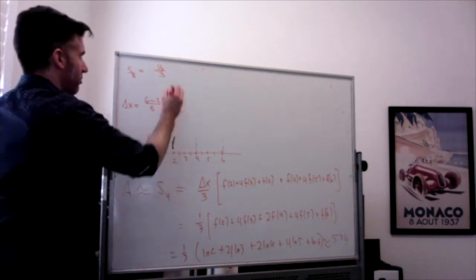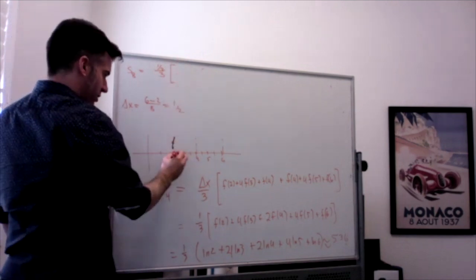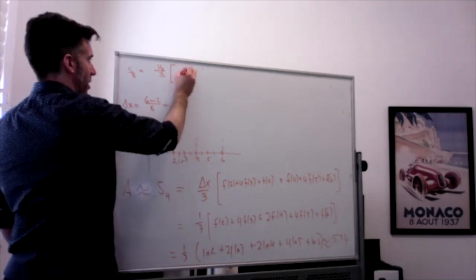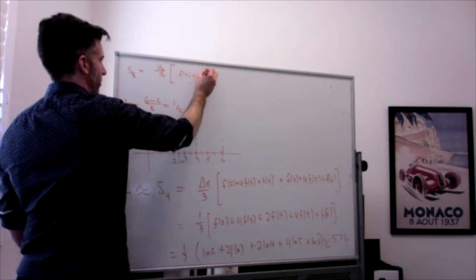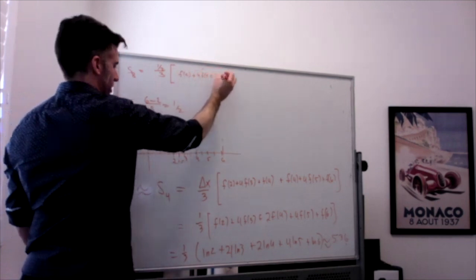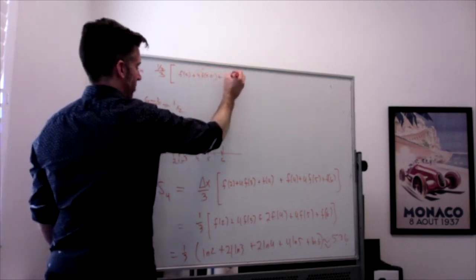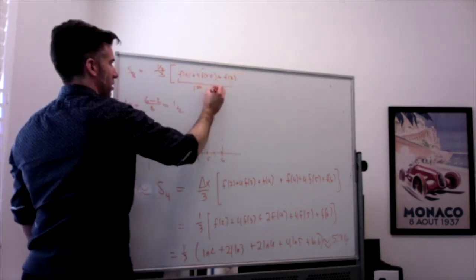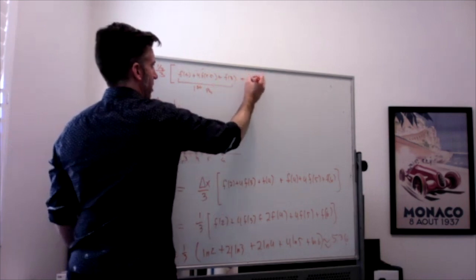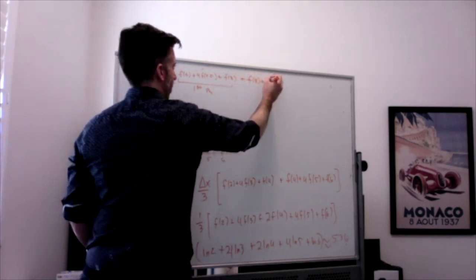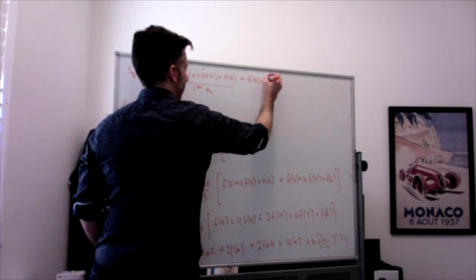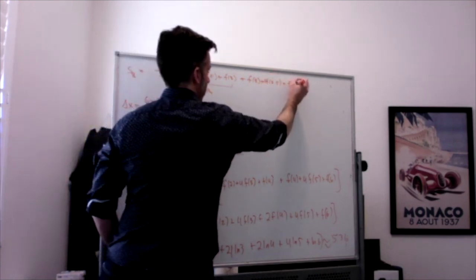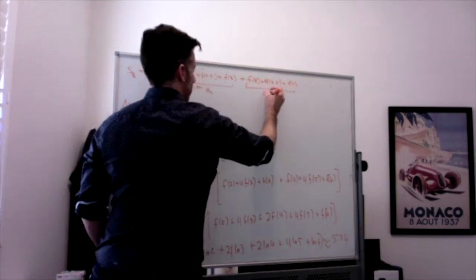And then for the first, 2, 2.5, and 3, we'd have f of 2 plus 4 times f of 2.5 plus 1 times f of 3. That's our first parabola. For our second one, we'd have f of 3 plus 4 f of 3.5 plus 1 times f of 4. That's our second parabola.